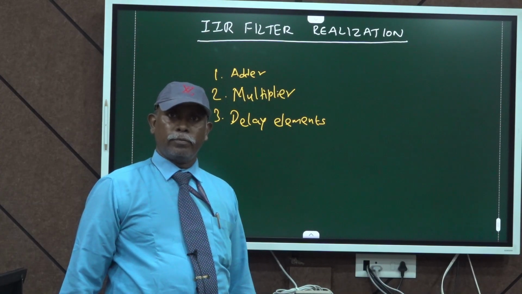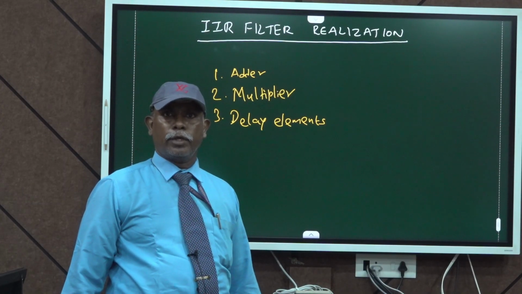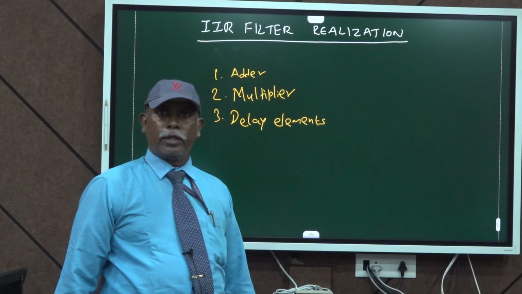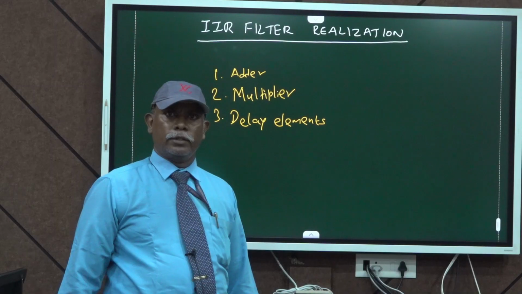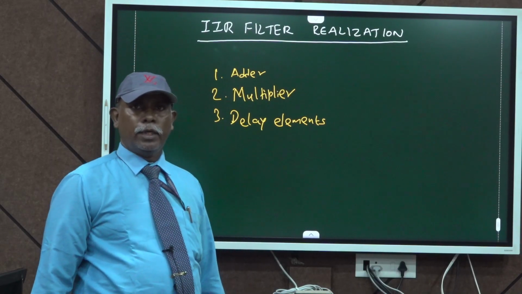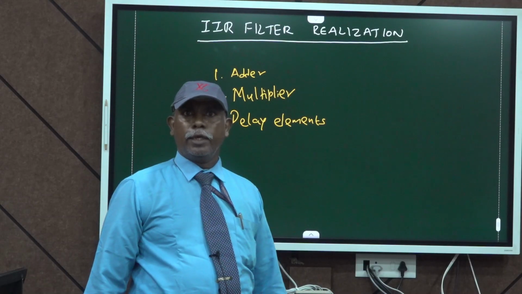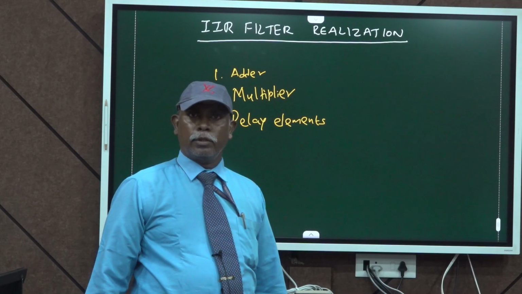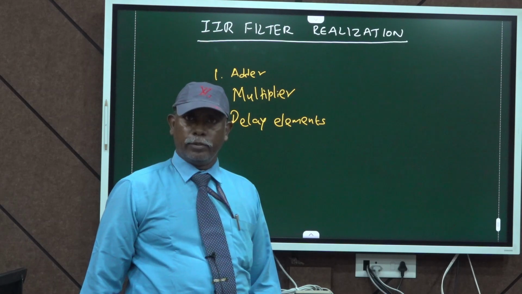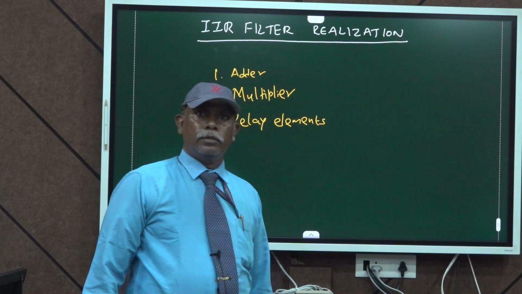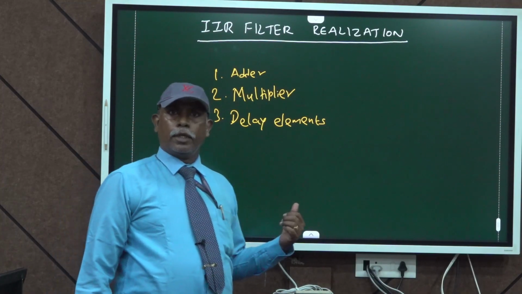So past values of input and output need memory locations to store them, and then we take them for our current time calculation, especially y of n, the current output at time n. For that we need the previous values of output and input, stored in memory locations. So only these 3 elements are enough.